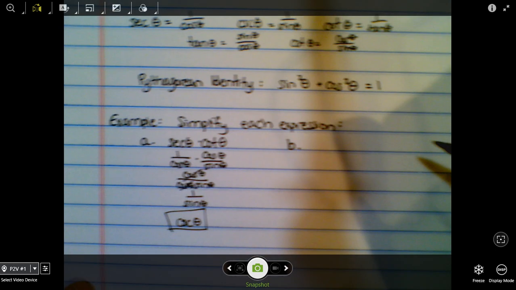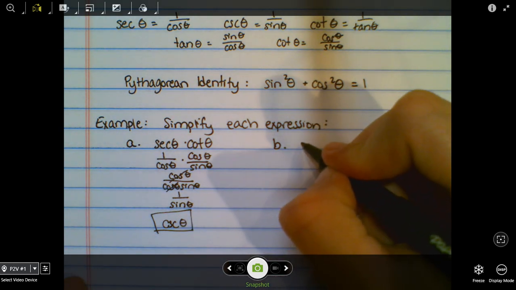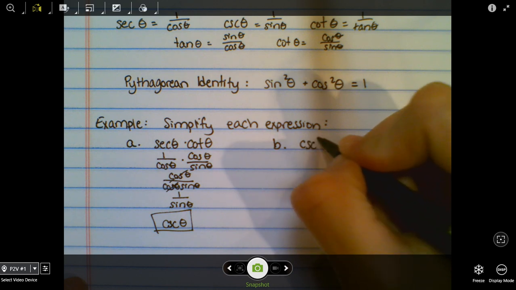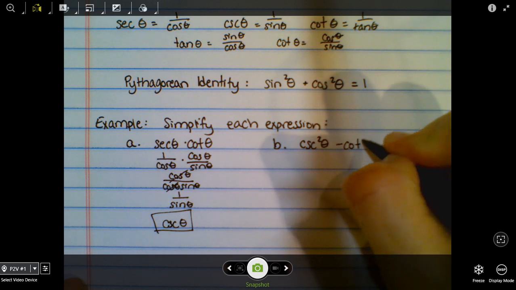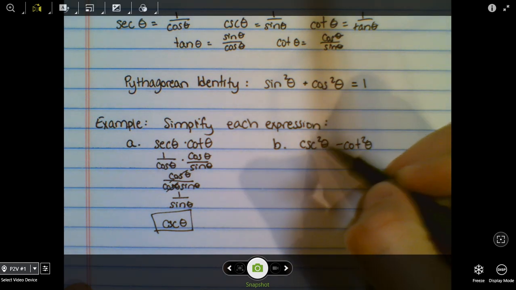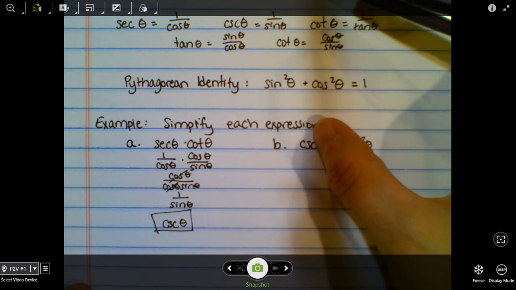Let's do a second example, simplifying. This example is definitely more complicated. We are going to use cosecant squared theta minus cotangent squared theta. Alright, if I didn't have the squared here, cosecant is just 1 over sine.